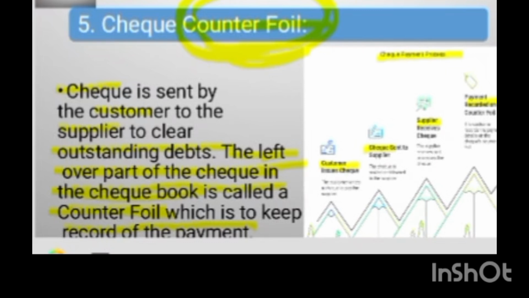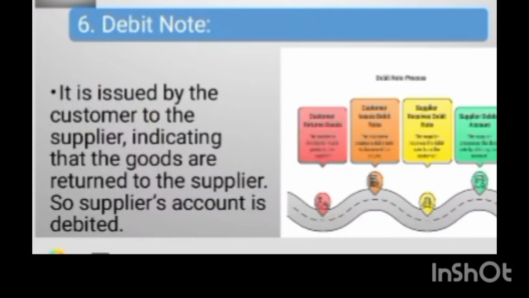Next, it's a debit note. So what is debit note? It is issued by the customer to the supplier indicating that the goods are returned to the supplier. So supplier's account is debited.